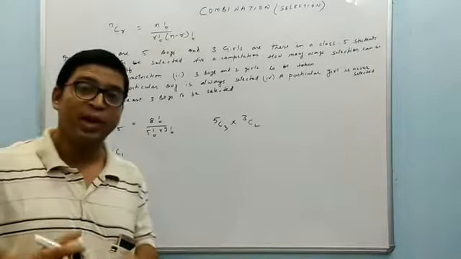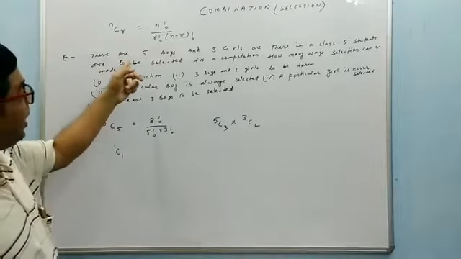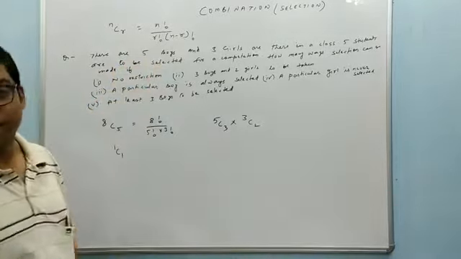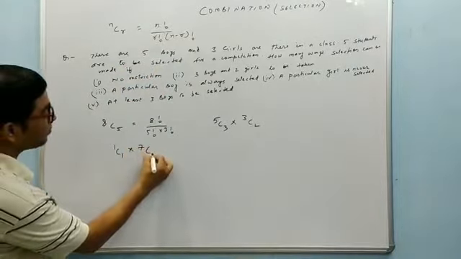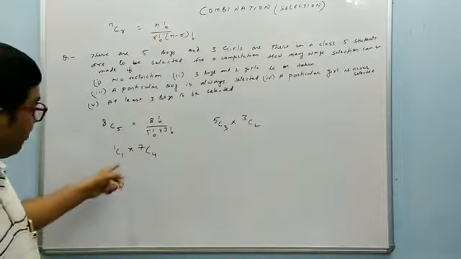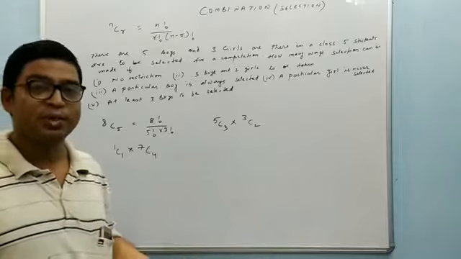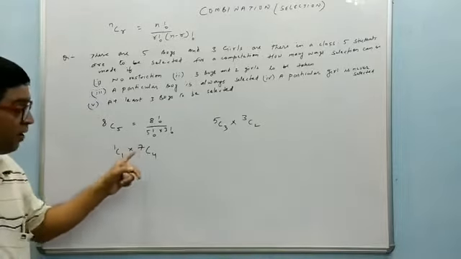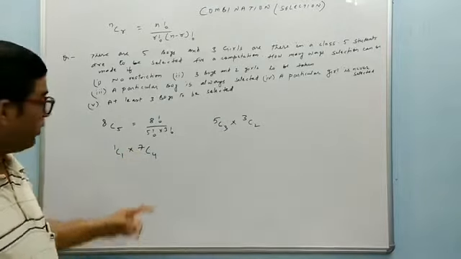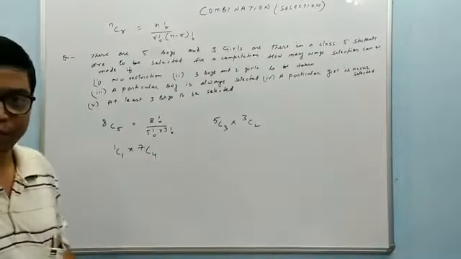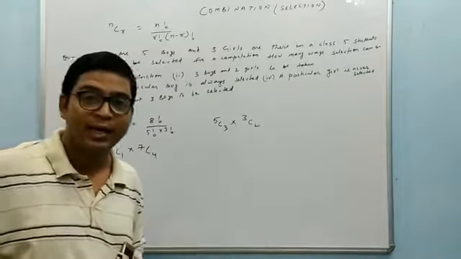Now virtually what I am doing is selecting 4 students out of the remaining 7 students. Just see how I am proceeding. I have selected 1 student out of 1 student, that is the particular boy, and further I have to select 4 students. So out of the remaining 7 students, I am selecting 4 students. This is the way in which a particular boy is always selected.